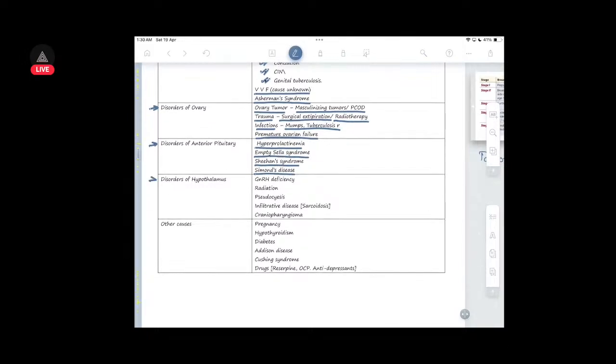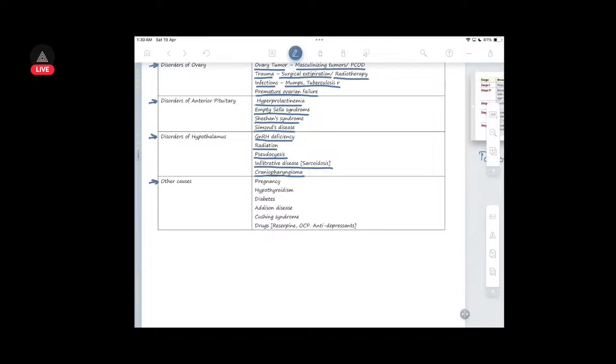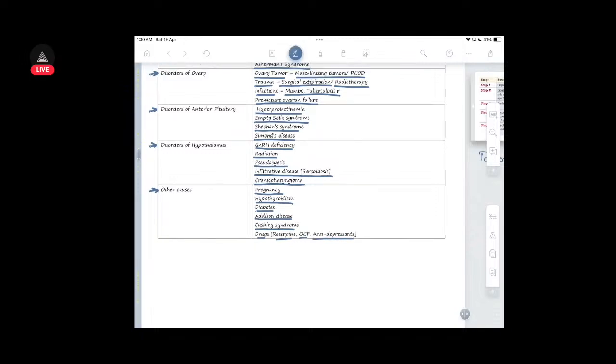Then disorders of the hypothalamus: GnRH deficiency, radiation, pseudocyesis, infiltrative disease like sarcoidosis, and craniopharyngioma. Other causes are pregnancy, hypothyroidism, diabetes, Addison's disease, Cushing syndrome, and drugs like reserpine, OCP, antidepressants. All of these lead to secondary amenorrhea.